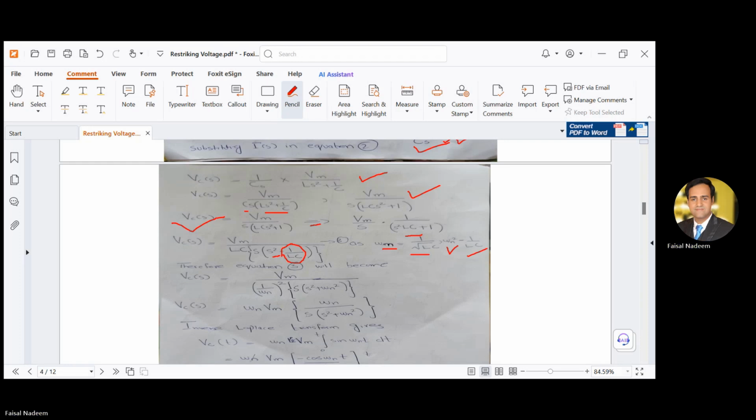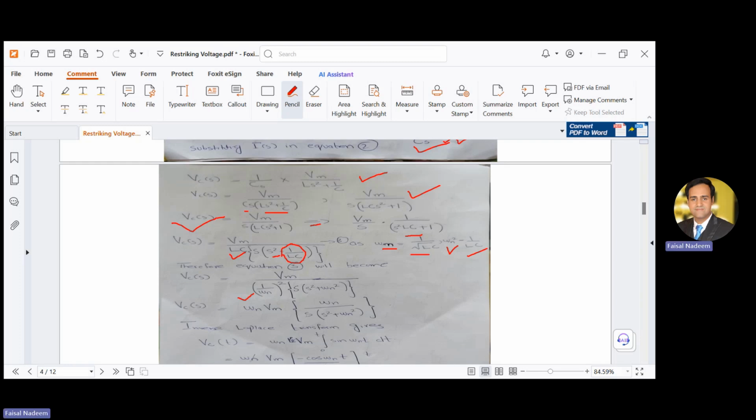Therefore, this equation 3 can now be written as VCS is equal to Vm over, here we have replaced LC with 1 over omega n square, and in the whole form we have written 1 over omega n, and the whole bracket is squared. Inside the brackets we have S times S square, where 1 over LC is replaced with omega n square.